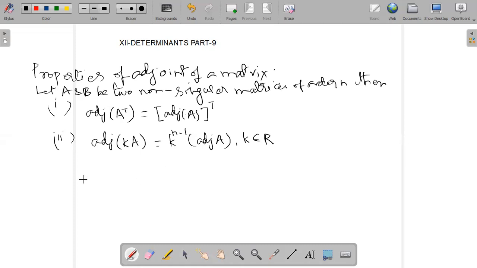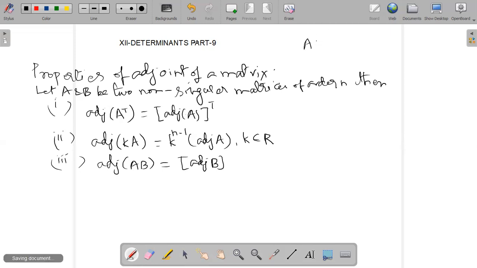And third property is that adjoint of the product of two matrices is equal to product of their adjoint, but their order will be changed, like in inverse. We have seen the property of inverse.